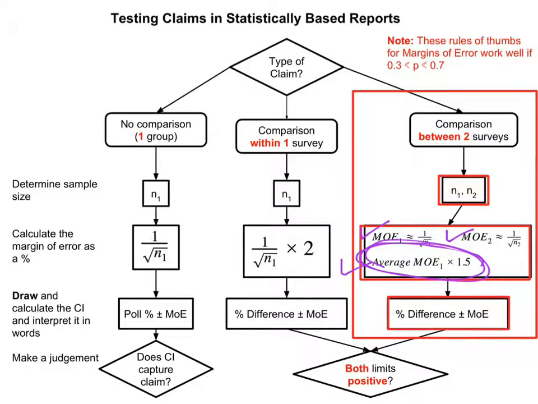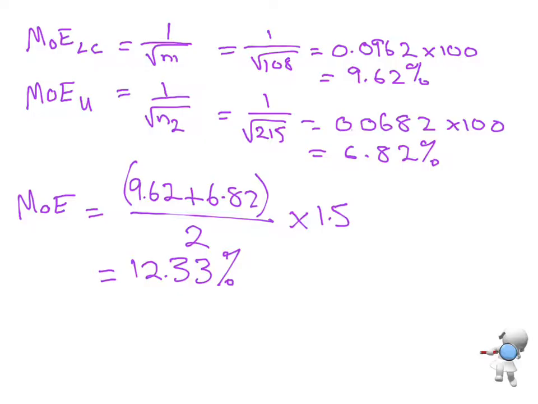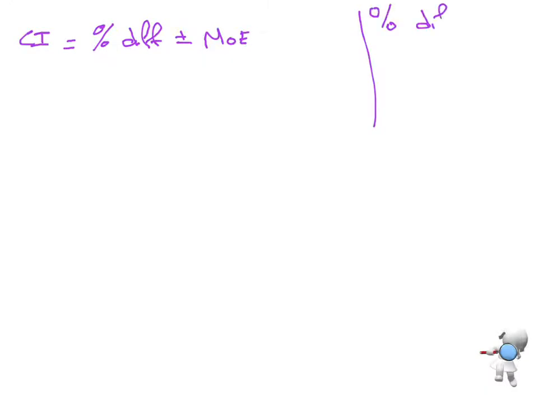Now I need to find the confidence interval, which is the percentage difference plus or minus that margin of error. So I need to find the percentage difference.